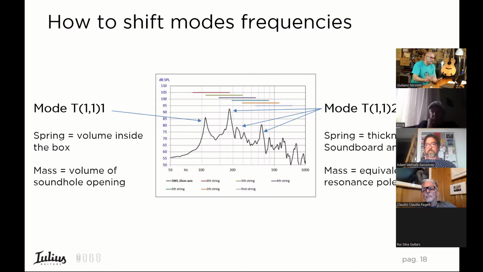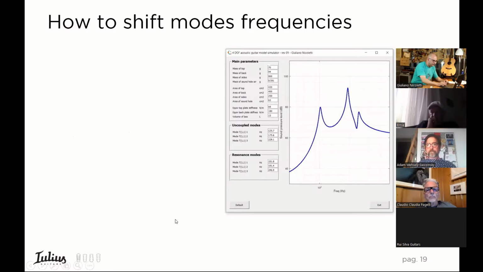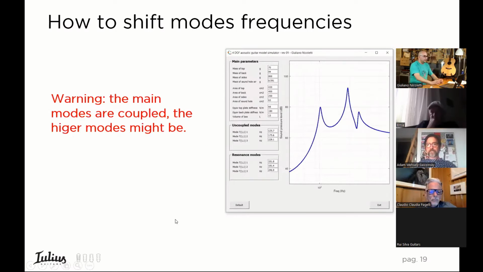So there are several possibilities, and this goes down to R&D, of course, and each guitar maker has their own formulas. But we always have to take care of the fact that the main modes are coupled.